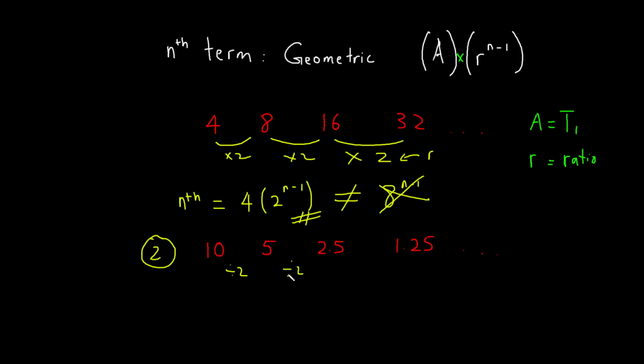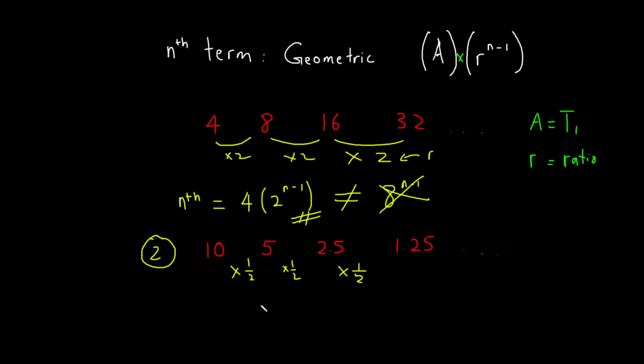But in geometric sequence, you are not allowed to use the division. Instead, what multiplication can we use to make 10 to 5? This is simply times 1 over 2, times 1 over 2, times 1 over 2. 10 times 1 over 2 is 5, 5 times 1 over 2 is 2.5, 2.5 times 1 over 2 is 1.25.